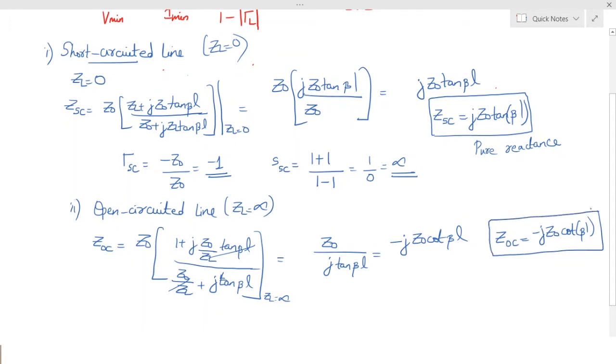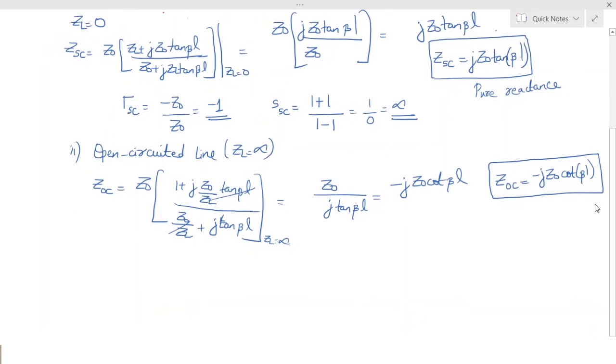Now let's check the equations for reflection coefficient. Reflection coefficient for OC is equal to ZL minus Z naught divided by ZL plus Z naught. Again you divide: 1 minus Z naught by ZL divided by 1 plus Z naught by ZL.